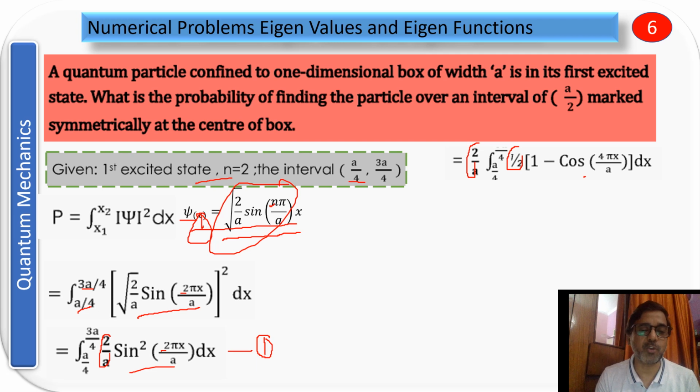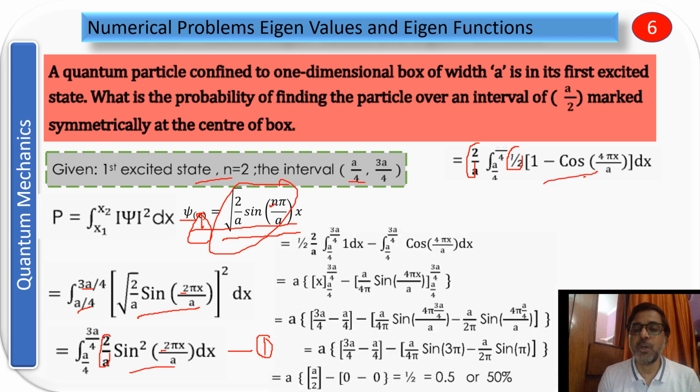Sine square is already there, so 2 sine square a by 2, and this is the formula that has been taken. So I'm going to integrate this. Again, this a by 2 has been taken out of the integration, and 2 by a is already there. Then this is your dx, this is your 1 into dx.